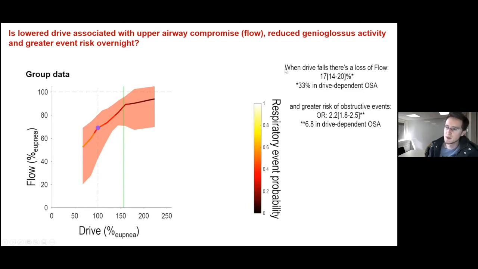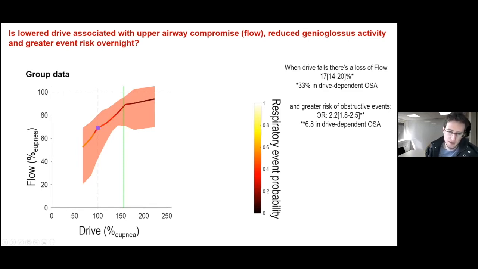And we can do statistical analysis on this, and we can say that when drive falls, there's a loss of flow. So for every drop from 200 to 100, for example, we get a 17% loss in ventilation. And we can also do logistic regression analysis and ask, what's the likelihood that you'll be in a respiratory event as you lose drive? And the odds ratio is twofold.